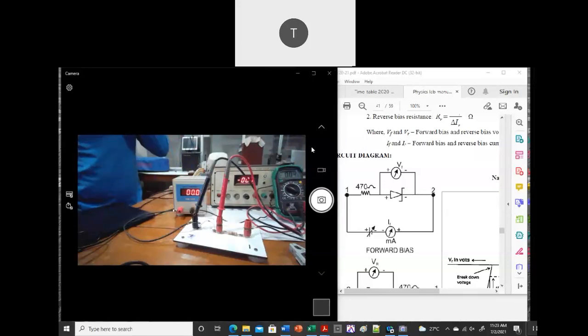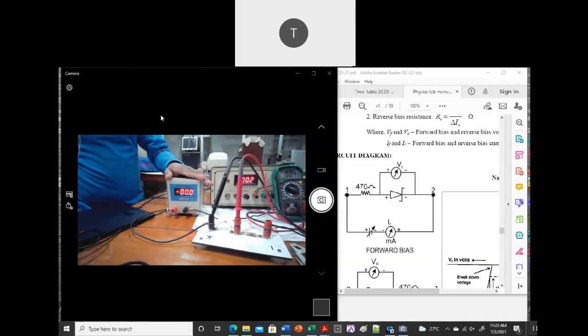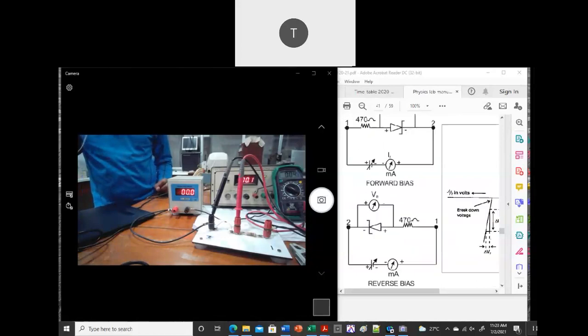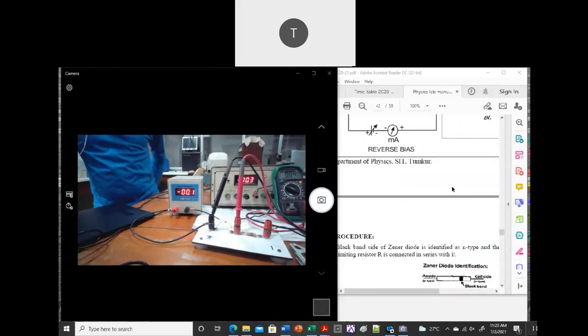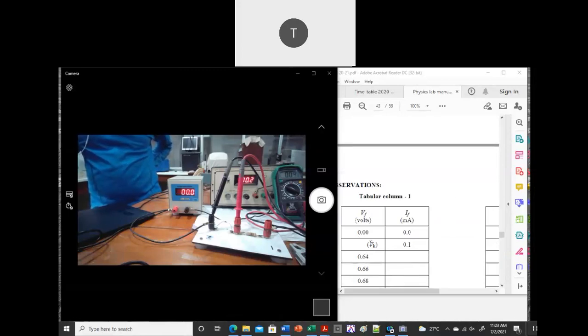We are going to use this as your digital ammeter. So this is again the same thing. I have done the same connections. Now what we do first is breakdown voltage. Breakdown means when you start seeing the current in your circuit. For that, you have to set your ammeter as 0.1.